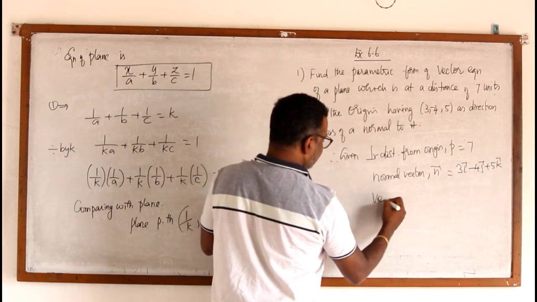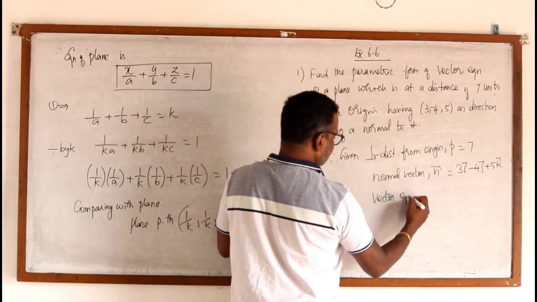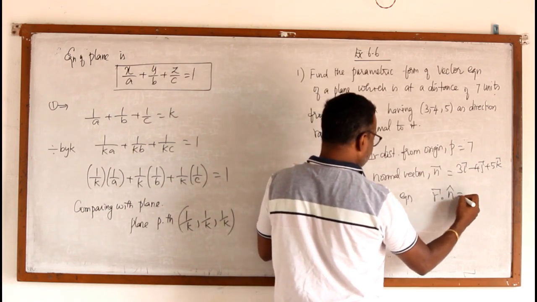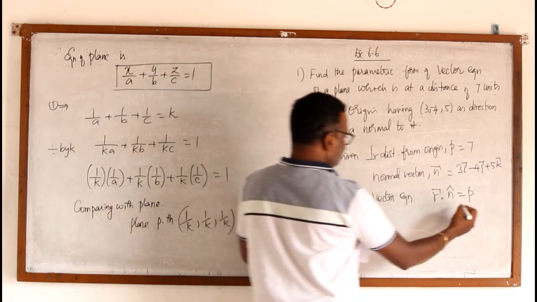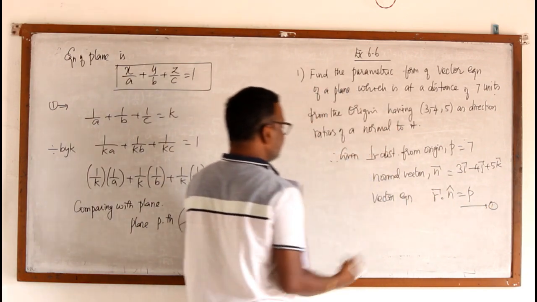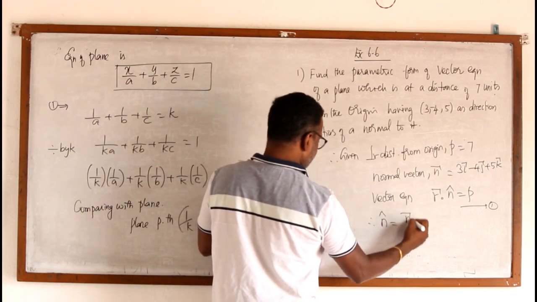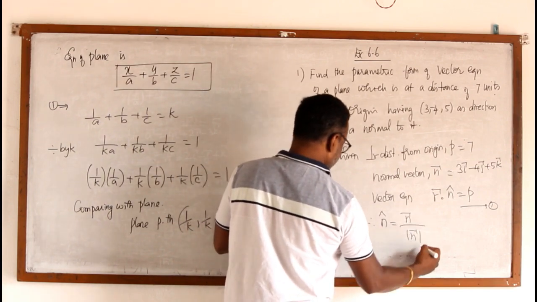Therefore, when the perpendicular distance is given, the vector equation is r dot n cap = p, not n vector. First I need n cap, which is n vector divided by the modulus of n vector.